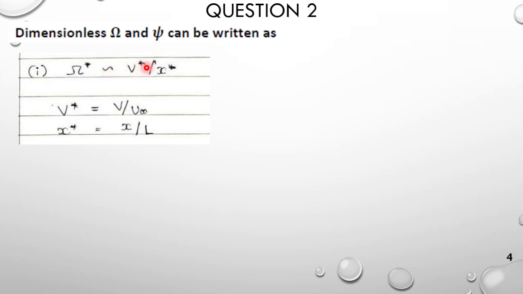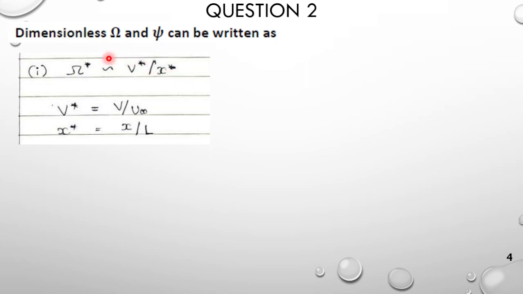If we see the dimension, it will be just velocity divided by the length. So dimensionless, that is why I am marking as star, it corresponds to the dimensions of v star by x star. That is the way in which we can write the dimensionless form.